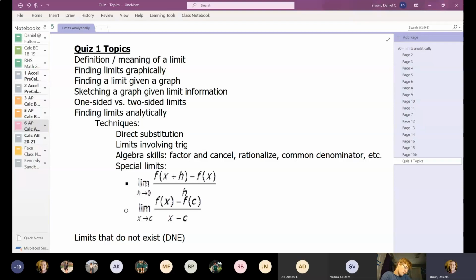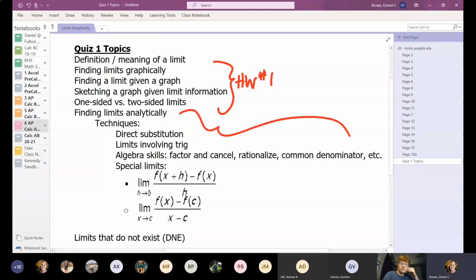But just like what is a limit, basically, finding limits graphically, finding the limits when I give you a graph, sketching a graph given the limit information, and then 1 and 2-sided limits. Basically, all of this is you reviewing homework number 1, and then also limits analytically.